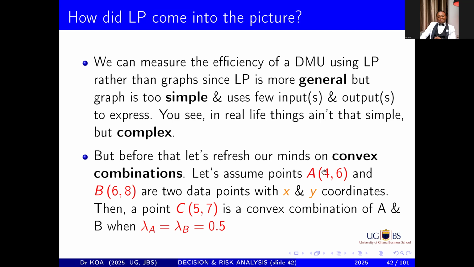Point A is 4 and 6. If you really want to plot it, you can have something like this. In fact, let me use a proper graphic. So you can have something like this, and then you can also have something like that.